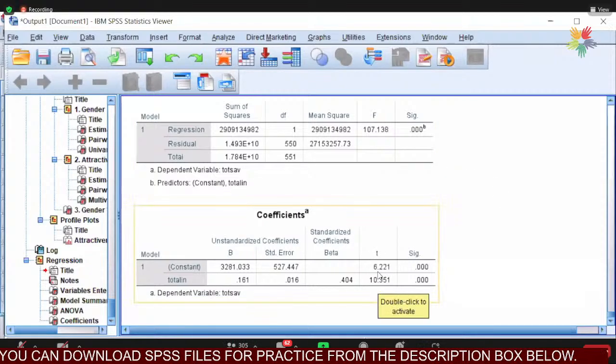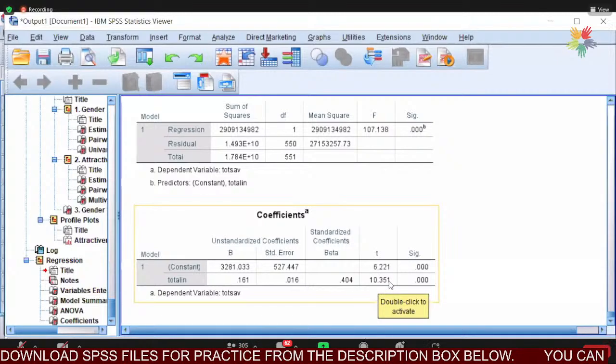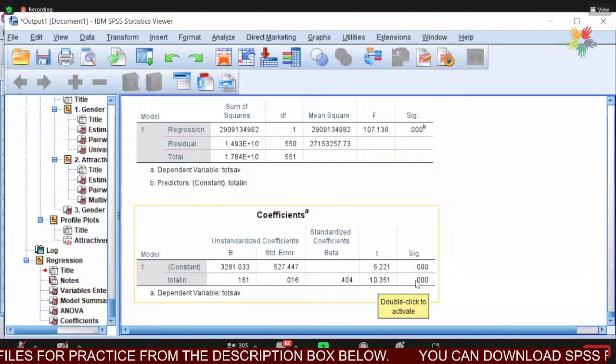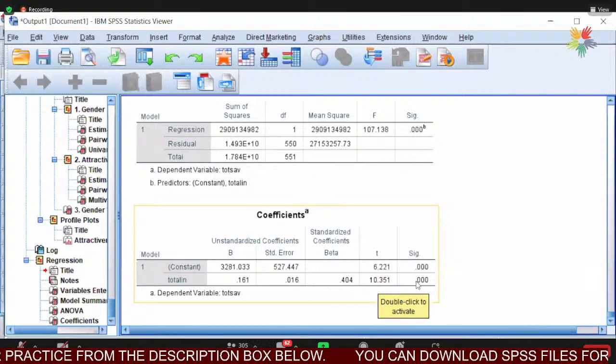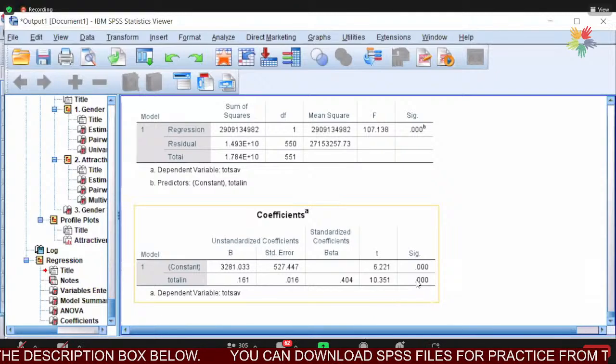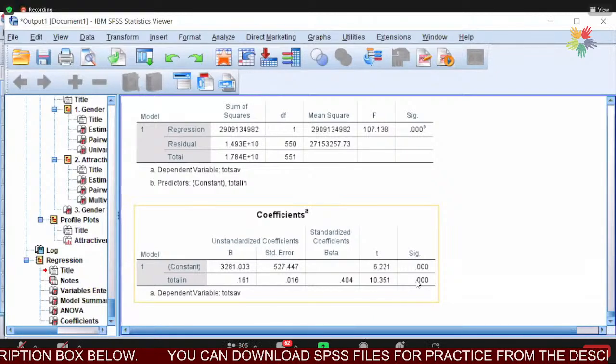Very good. Here it is 10.351, so there is an influence. So both will give the same result. You cannot get different results. So we can look at this one and at this one also.